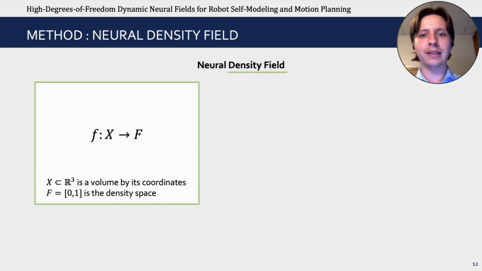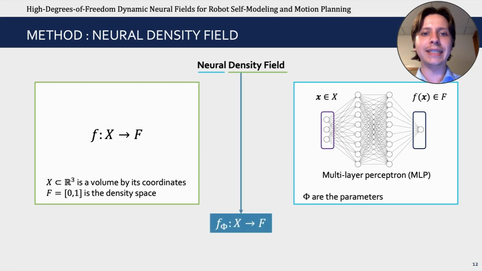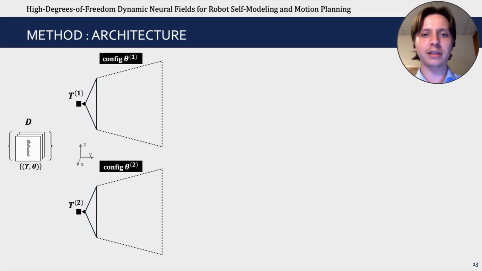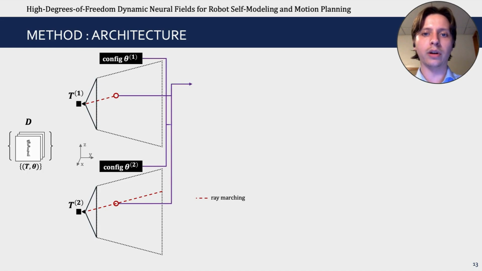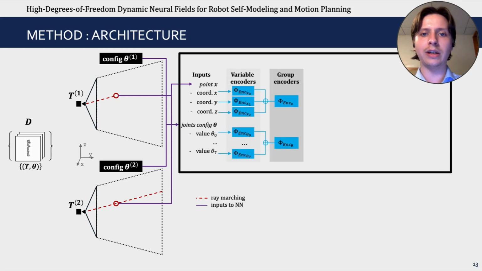At the core of our method is a neural density field, a map from spatial coordinate to density of the scene elements at that coordinate. This map is parameterized by a multilayer perceptron. Given the training set, we use camera poses to sample points on pixel corresponding rays. Their coordinates, together with the joint configurations, form the input to the neural network, which outputs density and, only for the training purpose, color.